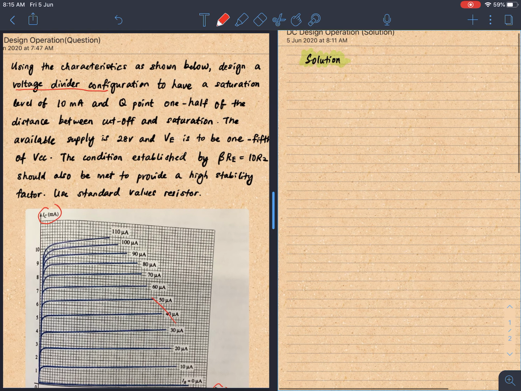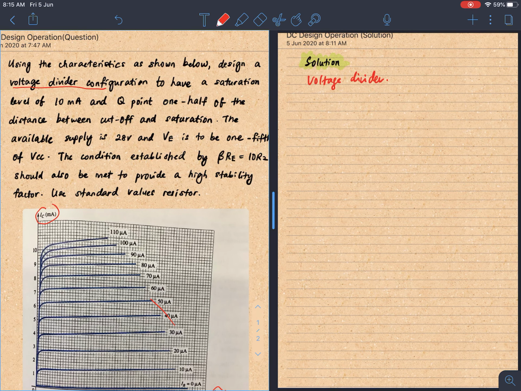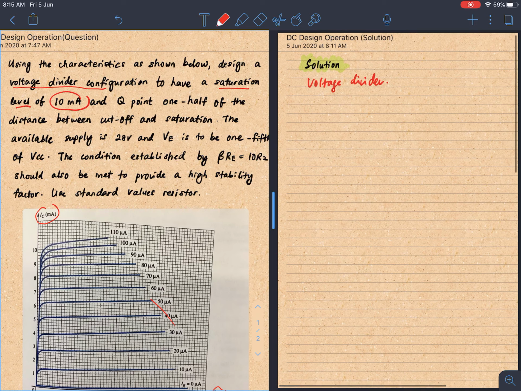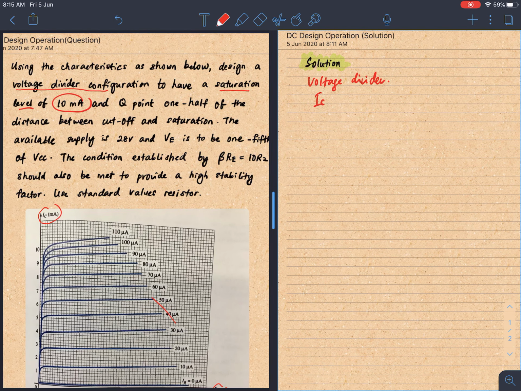So we need a voltage divider. Then to have a saturation level of 10 milliampere. Saturation level means the IC saturation equal to 10 milliampere.